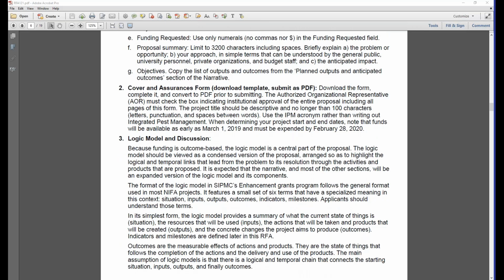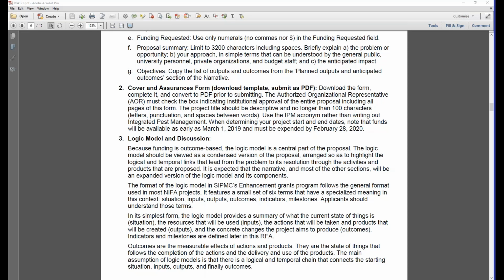Okay, there we go. So, as we say in the very first paragraph of the logic model, I'm going to go through the logic model and narrative here, the parts of the proposal. The logic model is a very important component, but it is the summary of the rest of the narrative, and it's organized exactly the same way.